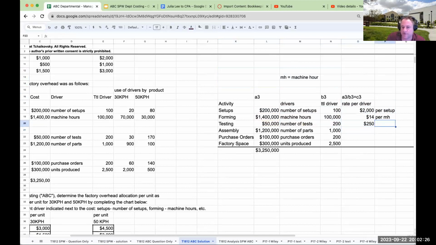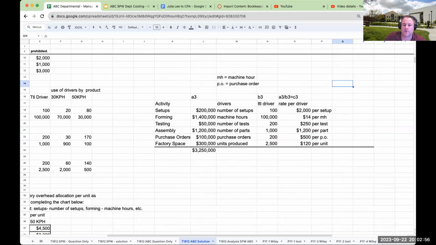This is going to be 250 per test. The 1.2 million divided by the 1,000 is going to be 1,200 per part. Over here, this is going to be 500 per purchase order. And then this over here is going to basically be 300,000 divided by, and this is going to be per unit. Okay, so this is per PO is purchase order.